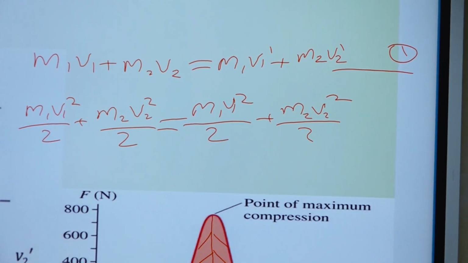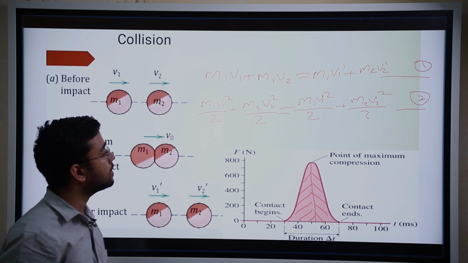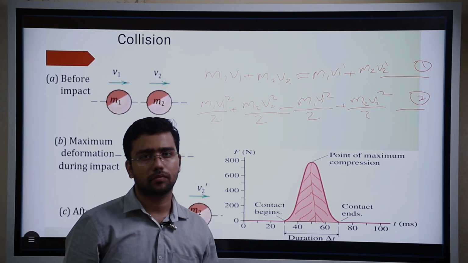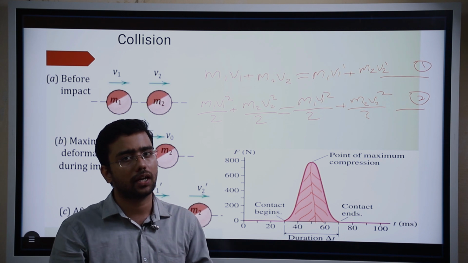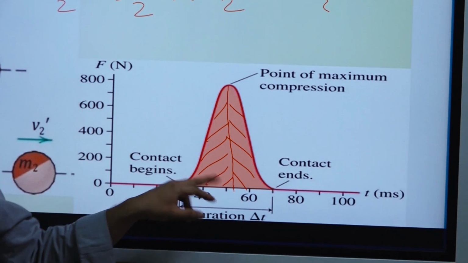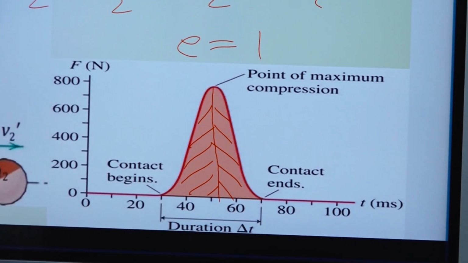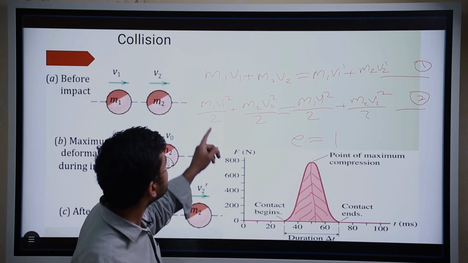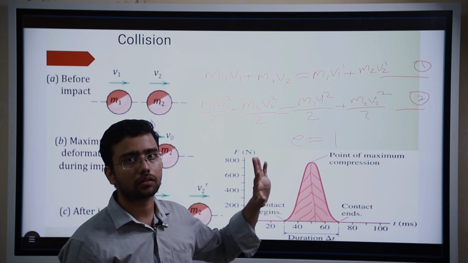This equation 2 we can apply only when we have no friction, when the collision is purely elastic. What is the meaning of purely elastic? These two curves will be equal, and the coefficient of restitution will be equal to 1. Only in that case does this energy equation apply, otherwise it won't.